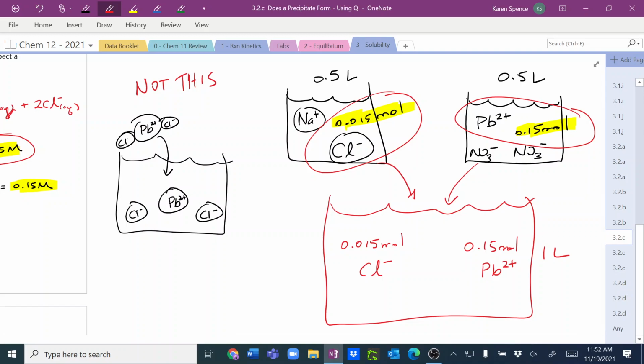So can you see why they're not 2 to 1? Because that's how much I put in and it came from here. And this is how much I put in and it came from here. So they are not 1 to 2 because they're coming from different places.